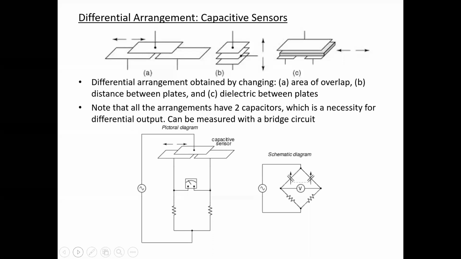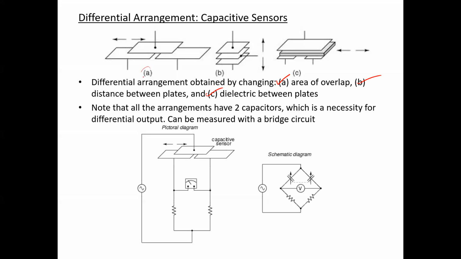So different arrangements can be there for forming differential capacitance. Similarly, they can be done through varying the area of overlap, varying the distance between multiple plates, and varying the dielectric between the different plates.